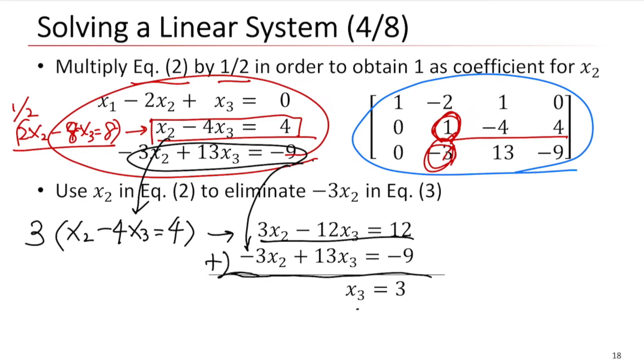We can just add these two equations, then it will be 0 times x2 plus 1 times x3, so it's just x3, right? And 12 minus 9 will be 3. Okay, so finally x3 is equal to 3.